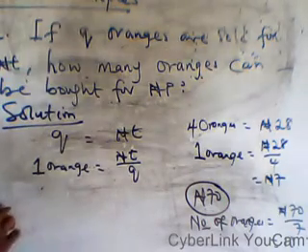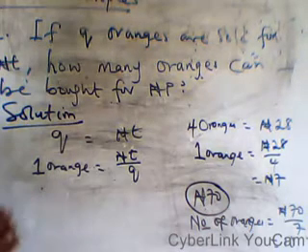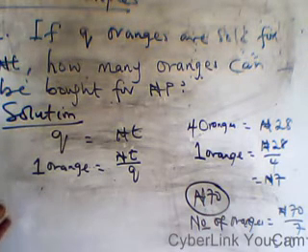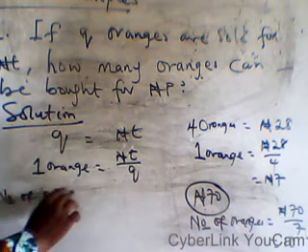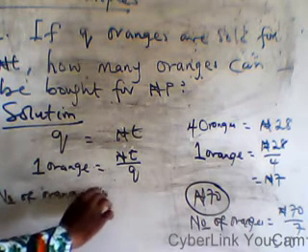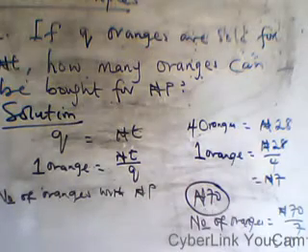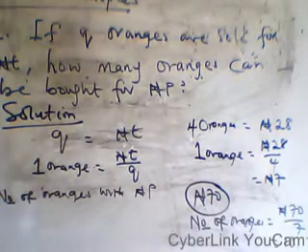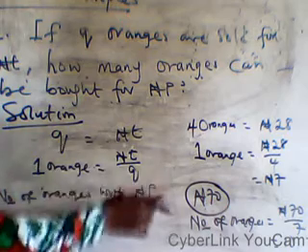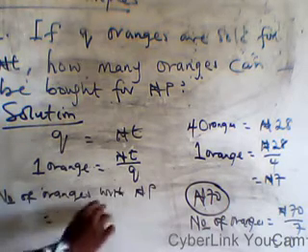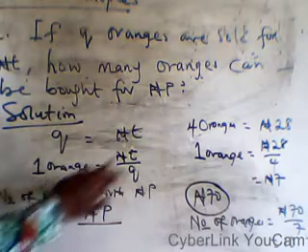Now, if you have T naira, you can say the number of oranges you are going to buy with T naira will be the amount you have, T naira, divided by the amount for the 1.